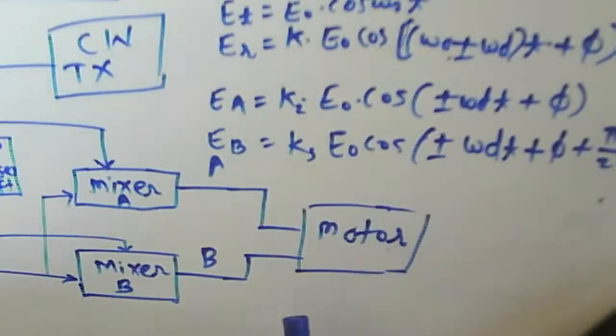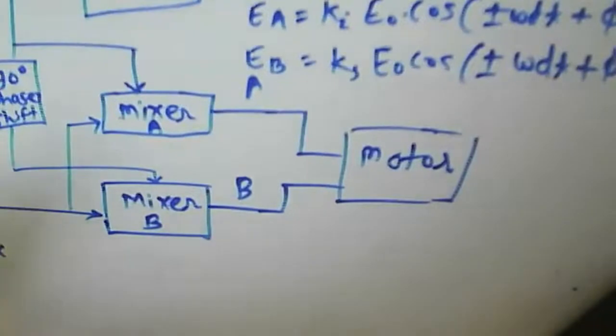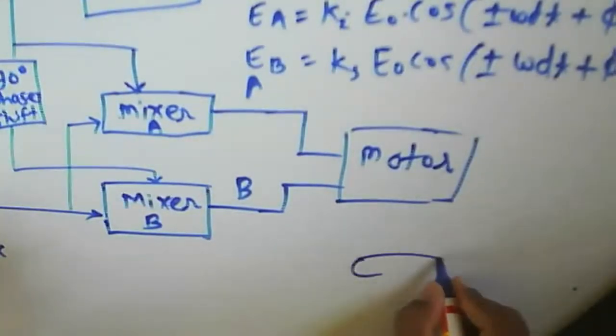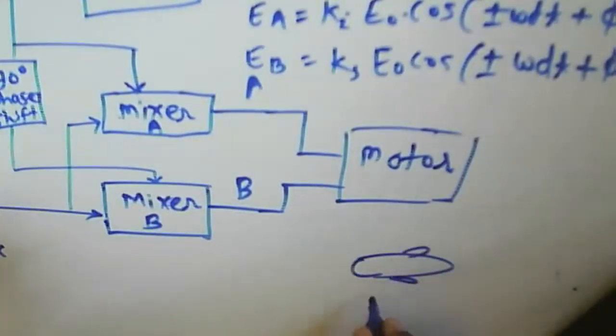And the direction of the motor rotation will be the indication of the direction in which the target is in motion. As I said earlier, whatever the target we have, the target will be proceeding toward the radar, that is approaching the radar, or the target will be receding, that is moving away from the radar.